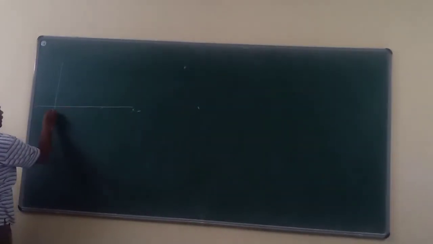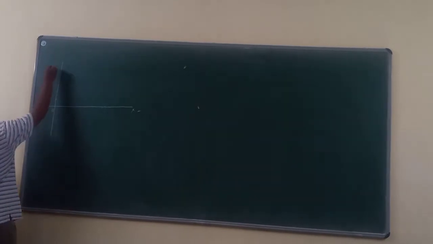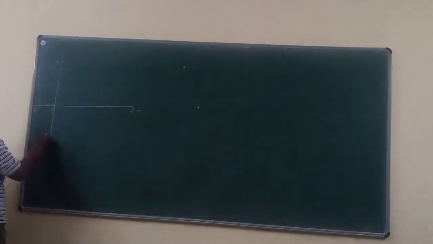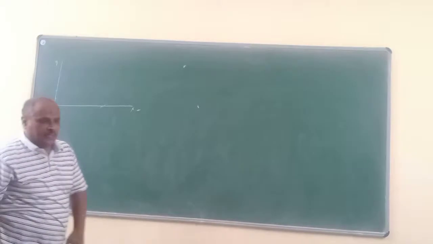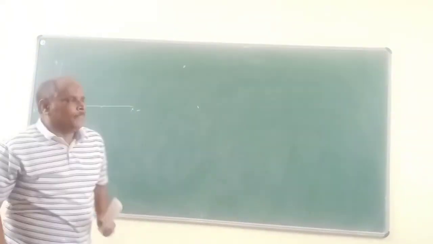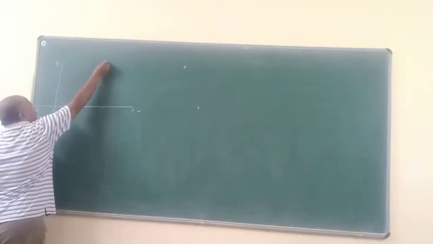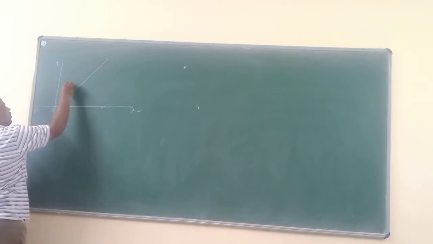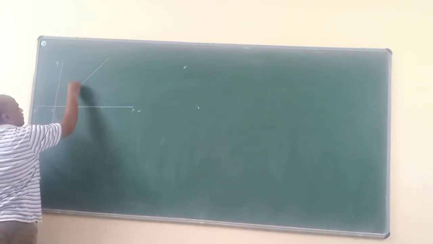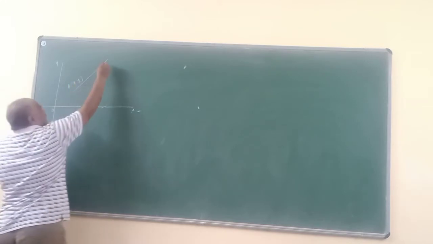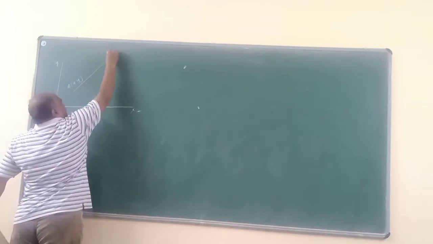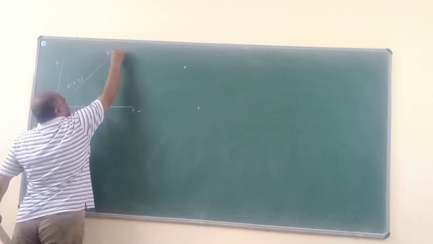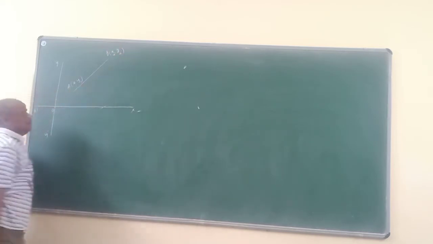XOX' and YOY' are the two mutually perpendicular lines. AB is any one of the lines whose coordinates are A(x1, y1) and B(x2, y2).